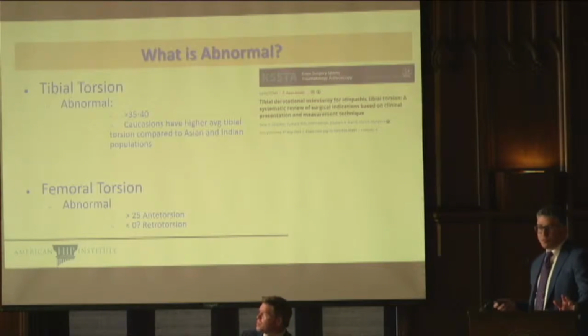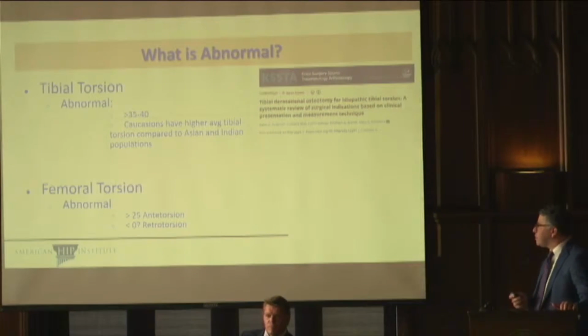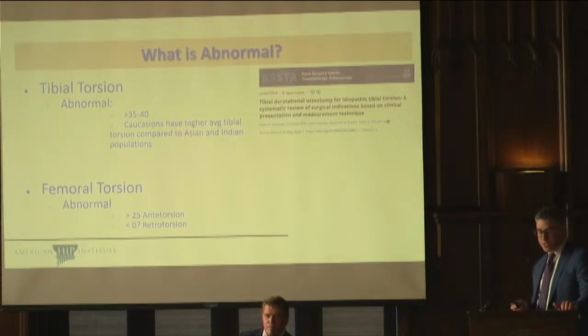And the short answer is we don't really know. Tibial torsion measurements considered in Caucasians, probably about 35, 40 degrees upper limits of normal, including standard deviations above normal. Keeping in mind that within a Caucasian population, there have been studies looking at Indian population, for instance.